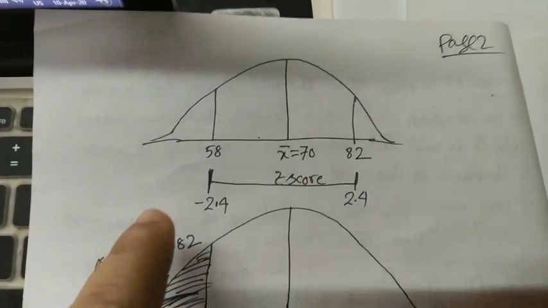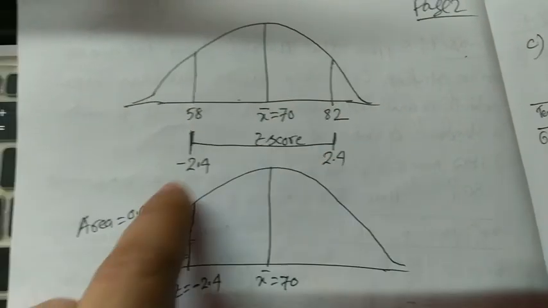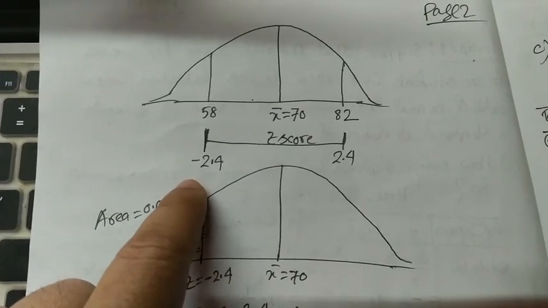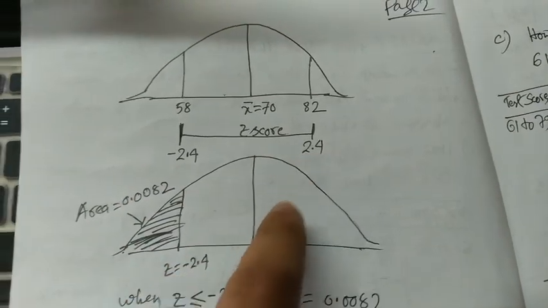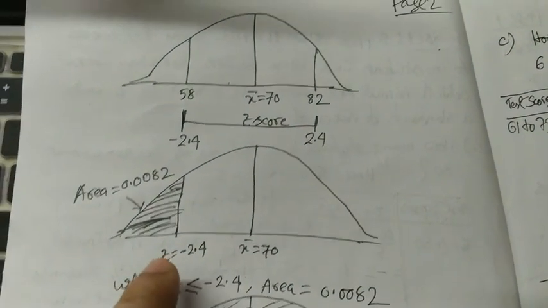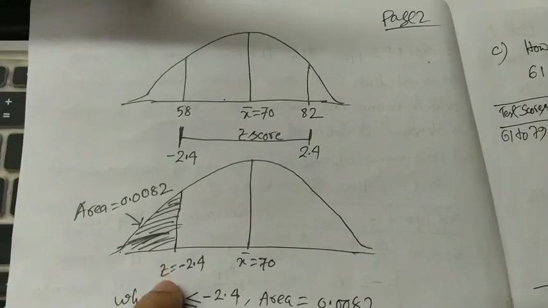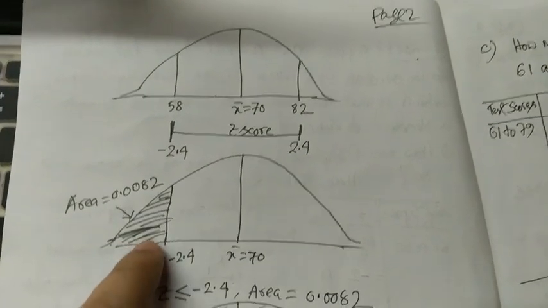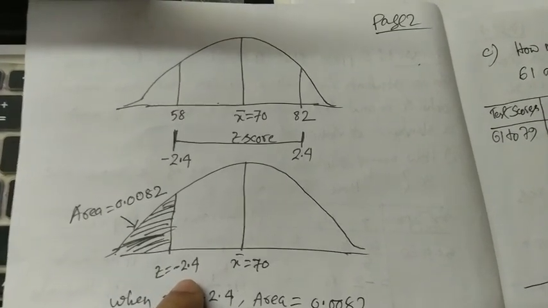Right. So here you can see the marks limit was between 58 to 82, and the corresponding z scores are minus 2.4 to plus 2.4. To find these, we first need to get the area, that means the area when the value of z is less than or equal to minus 2.4.